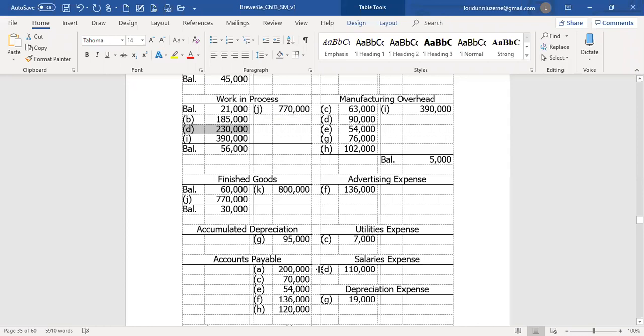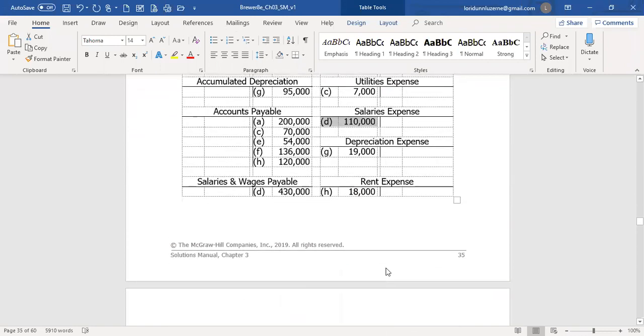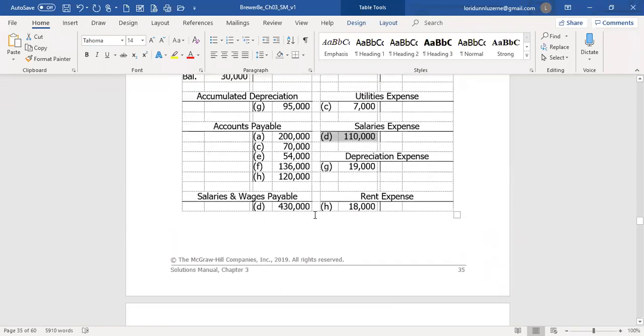The people who are in selling and administrative function have no part of making the actual product, so we just debit their salaries to salary expense. And then we credited salaries and wages payable.